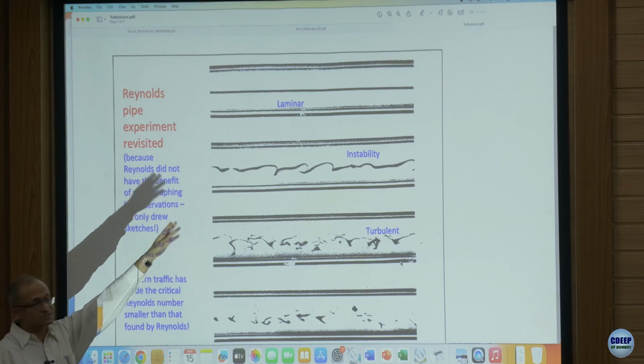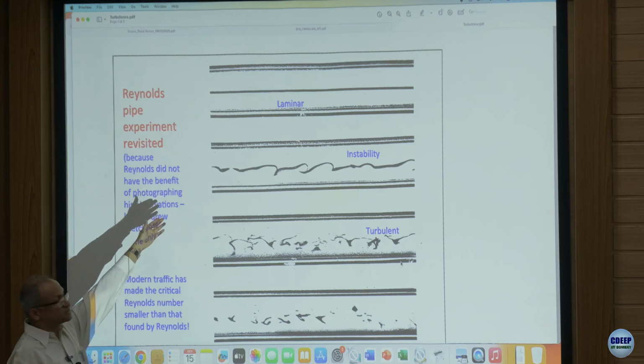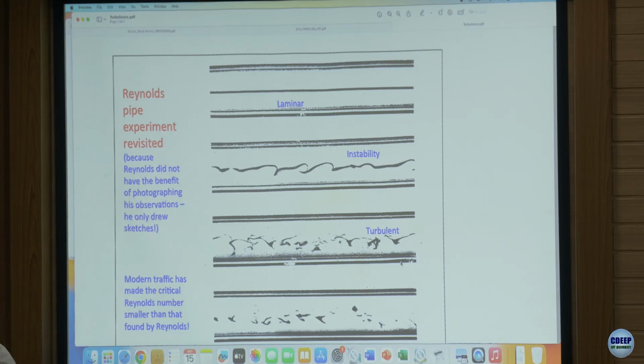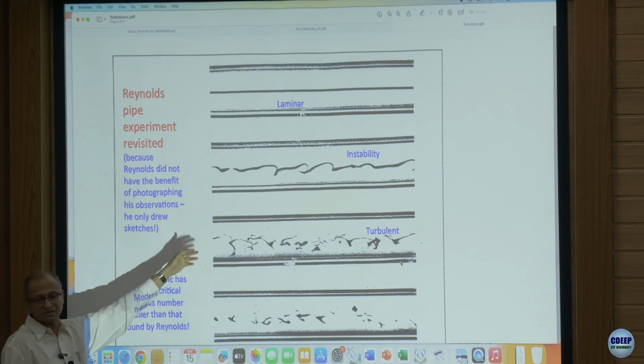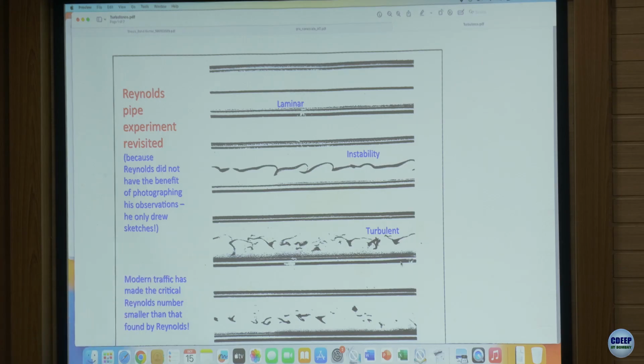It is just constant. The second case, you will see that I will now start to see some sort of an instability, some sort of a variation. Let us say velocity is a function of time I'm measuring. So I will start seeing some variation in velocity as a function of time. Now, by the time I come here, a turbulent flow, you will find that there will be a lot of variations as a function of time.